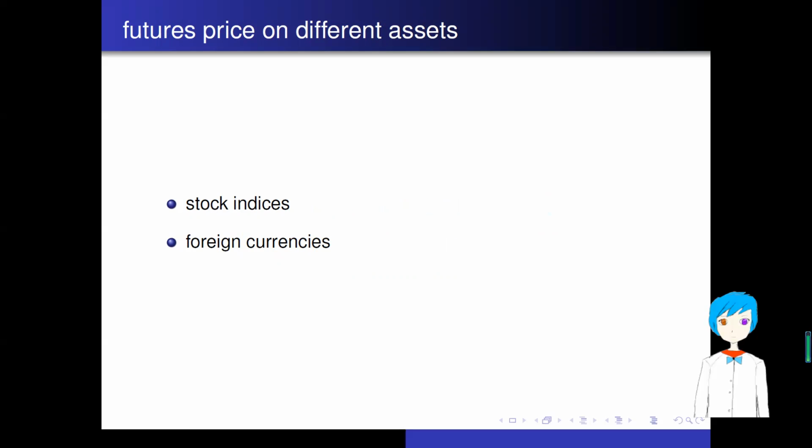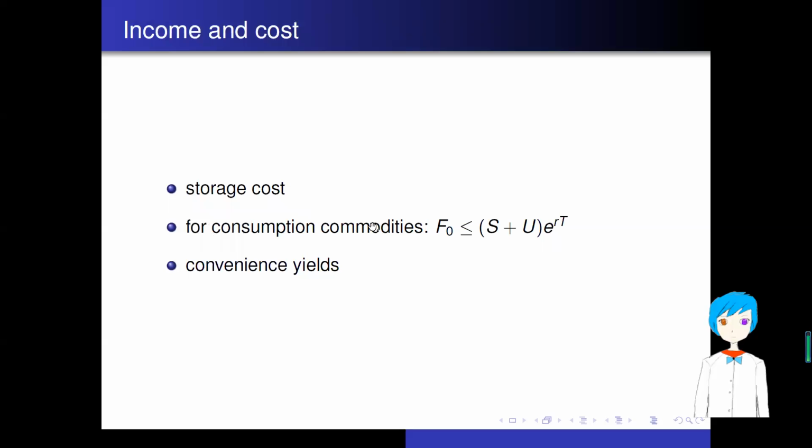Besides common assets like gold, copper, silver, grain, or food, we will also have forward and futures prices on stock indices and foreign currencies. And the valuation of those different assets is different.